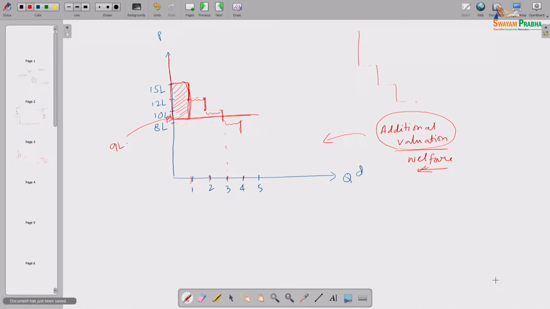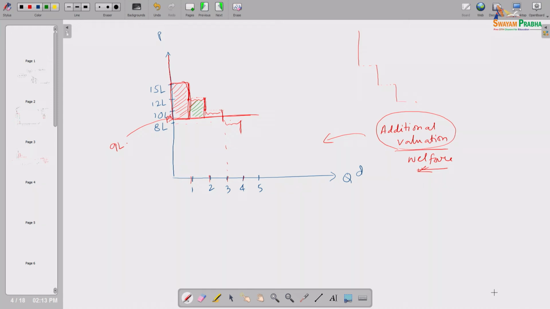Okay. Second person, how much welfare is he gaining? What is his willingness to pay? 12 lakh, but he is also paying 9 lakh only, because 9 lakh is the market price. So this green colored shaded area is the second person's welfare generated by participating in the market.